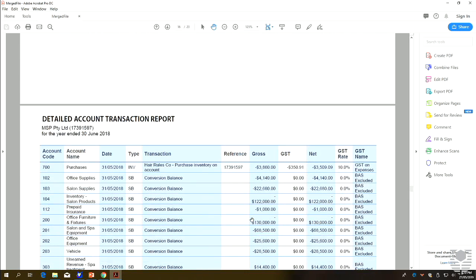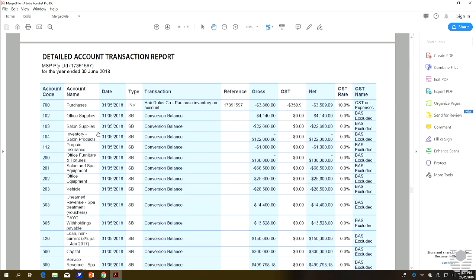A lot of people gave me the wrong report as well. I specifically asked for the detailed account transaction report. Those people who attended the labs, I showed you that report. It wasn't the account transaction report, it's called the detailed account transaction report. The reason I wanted this one specifically was that it was a little bit shorter than the accounting transactions report that separated your accounts receivable, accounts payable and so on.